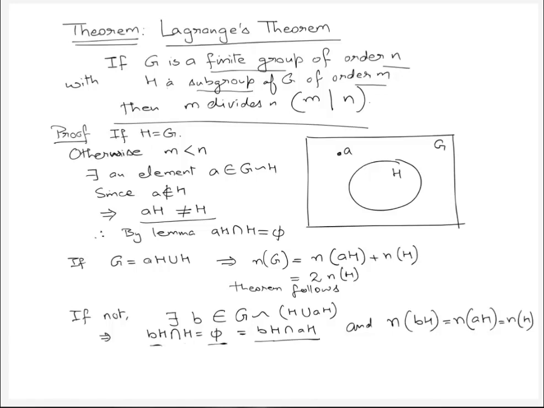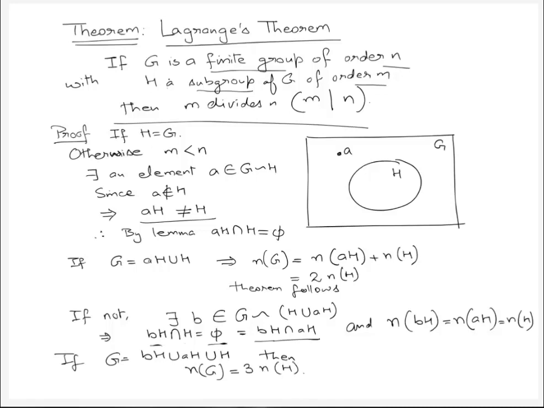So in that case, again two cases arise. Case 1: if G equals bH union aH union H, then the number of elements of G equals 3 times the number of elements of H. So the theorem follows.